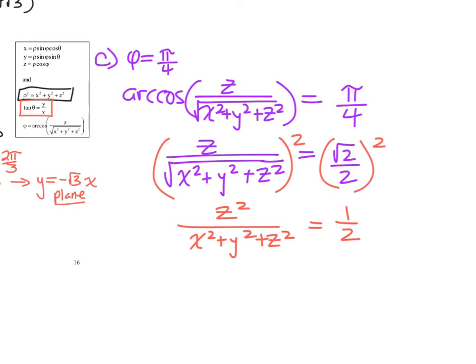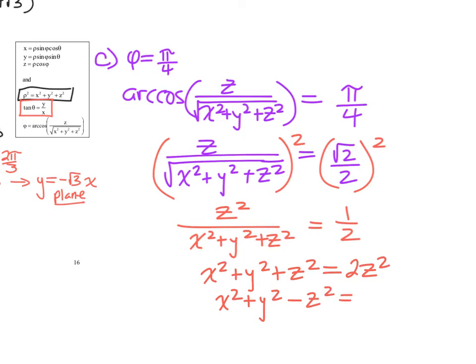Cross multiply. X squared plus y squared plus z squared equals 2z squared. Or you could say x squared plus y squared minus z squared equals 0.